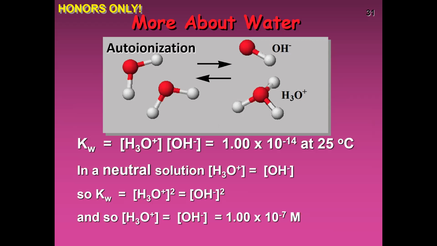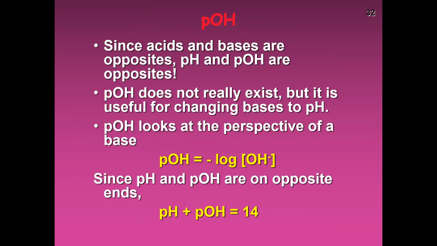So if this is a neutral solution, then the concentration of hydronium ions and the concentration of hydroxide ions are going to be the same number, which is 1 times 10 to the negative 7. Therefore, the addition of the hydroxide ion concentration and the hydronium ion concentration gives you 14.